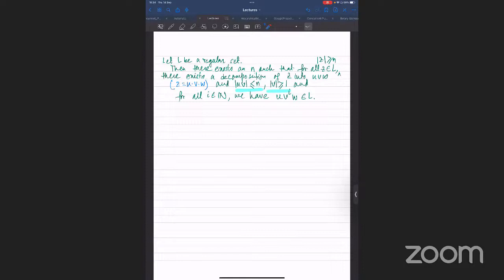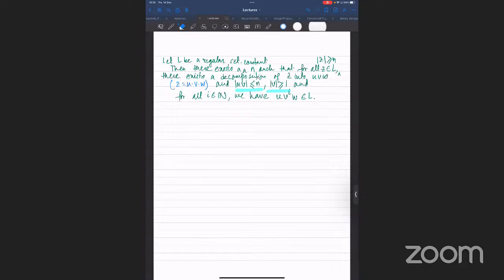For the regular set L, there exists a constant N such that for all Z whose length is greater than or equal to N and Z belongs to the language, there exists a decomposition of Z into UVW such that the length of UV is less than or equal to N, and V is not empty. Then you can pump the V arbitrarily many times, and the resultant word is still in the language.